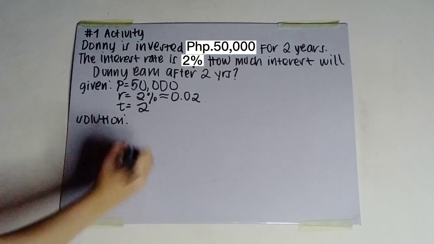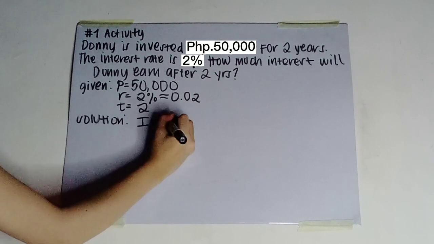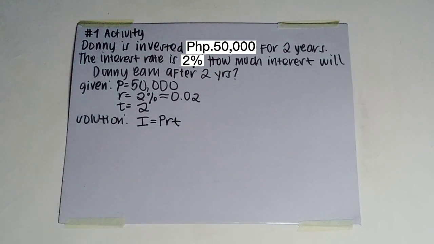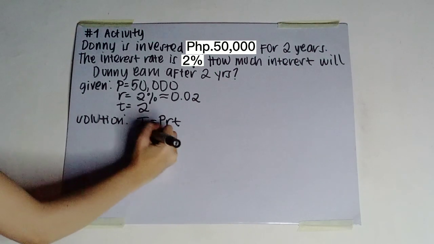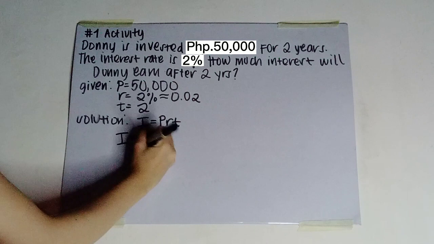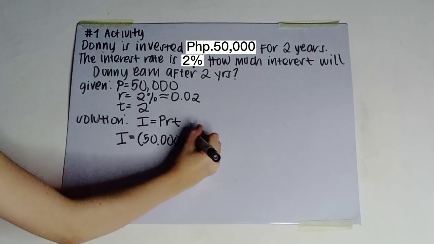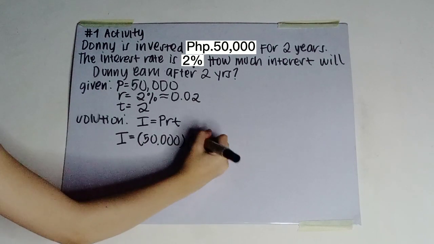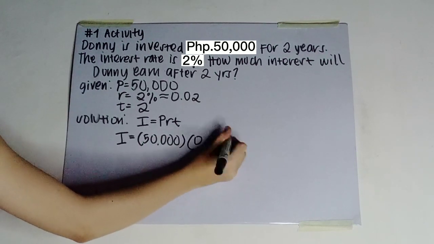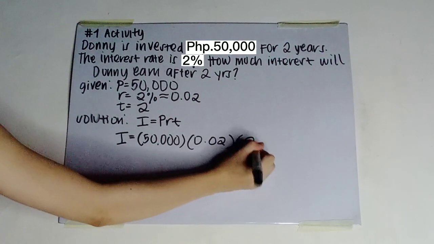So the formula for finding the interest is I equals P times R times T. So I is equal to 50,000 times 0.02 times 2.